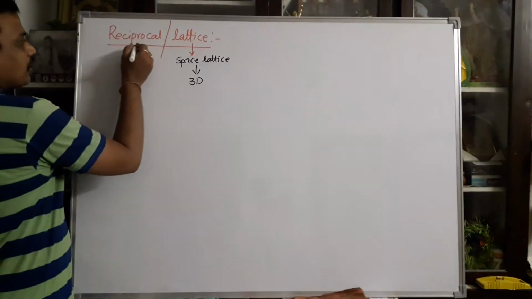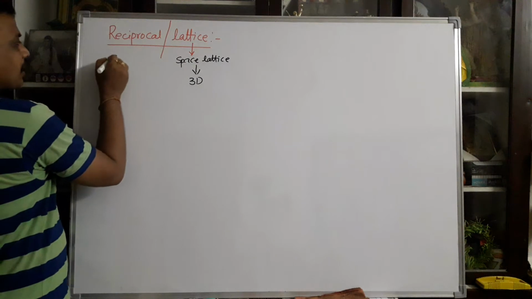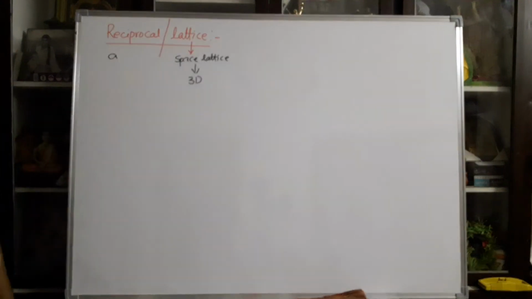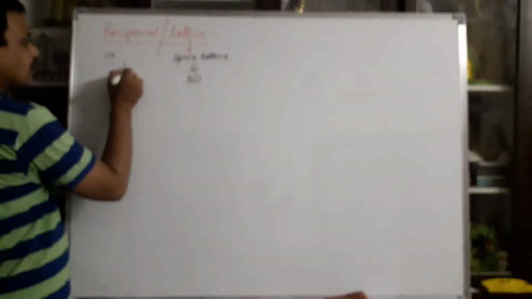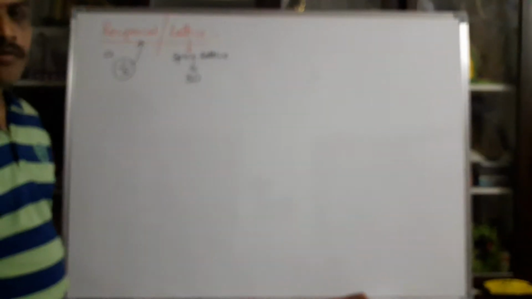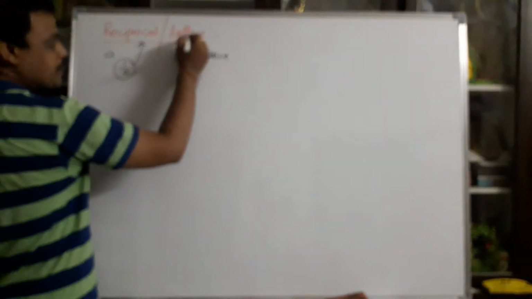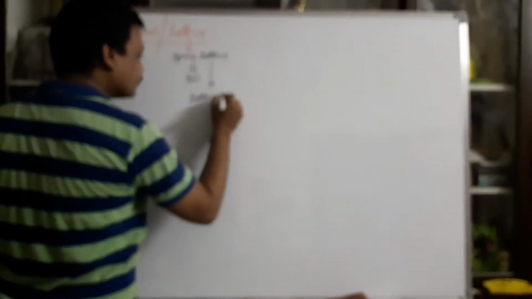What is reciprocal? Suppose you have the number A. The reciprocal of the number A can be taken as 1 by A. This 1 by A term is called the reciprocal. According to the space lattice, the lattice is described with respect to lattice points.